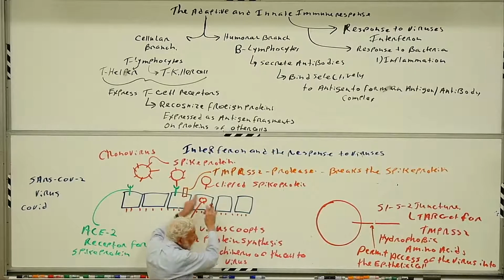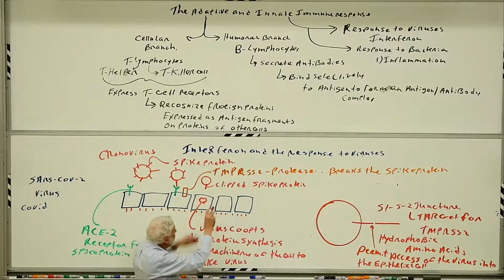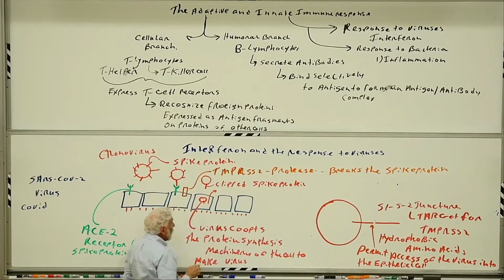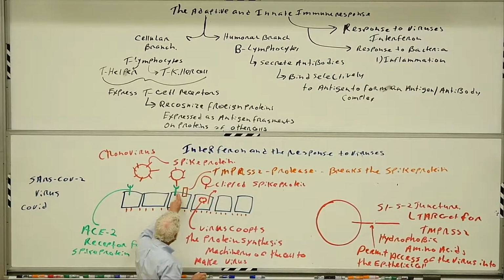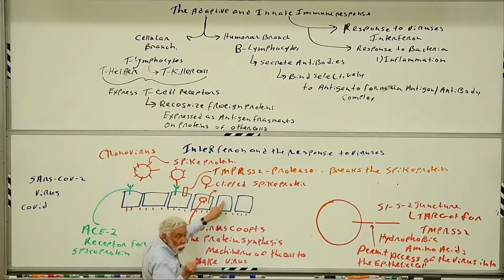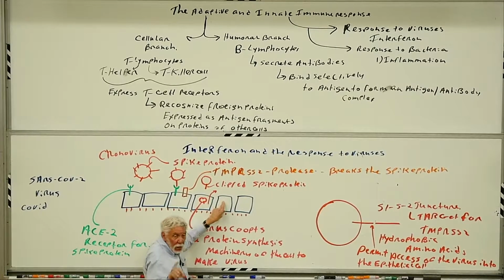Then we proliferate these viruses, hundreds or thousands of them, and then they escape out into the extracellular environment. They can then bind to the transmembrane proteins here, bind to the ACE2 proteins, and start the process in neighboring cells. So this is a multiplying event.